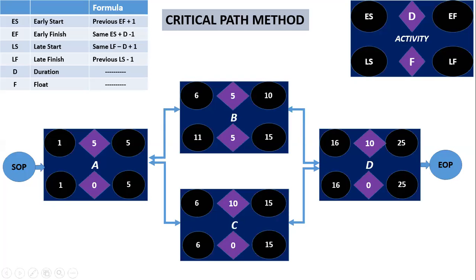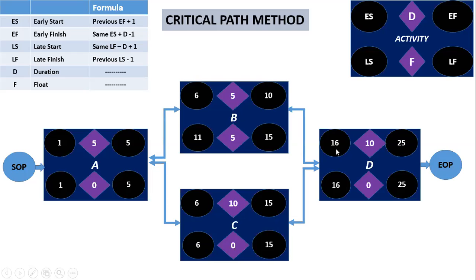Comparing B and C, the 15th day is the maximum time, taken by activity C. Activity C will be completed on the 15th day of the project, so it must be considered for the next activity. That is 15 plus 1 is equal to 16.